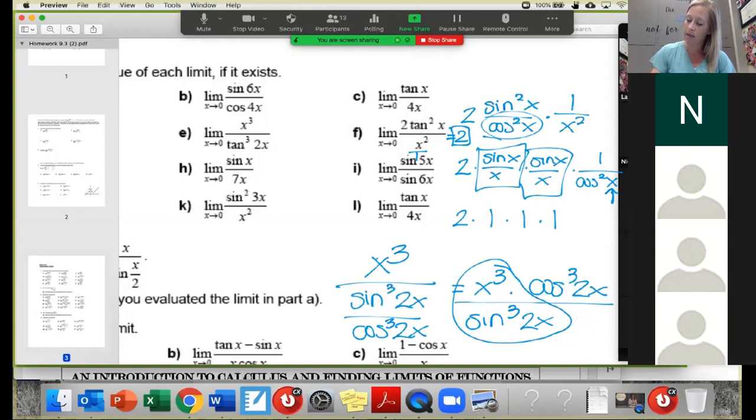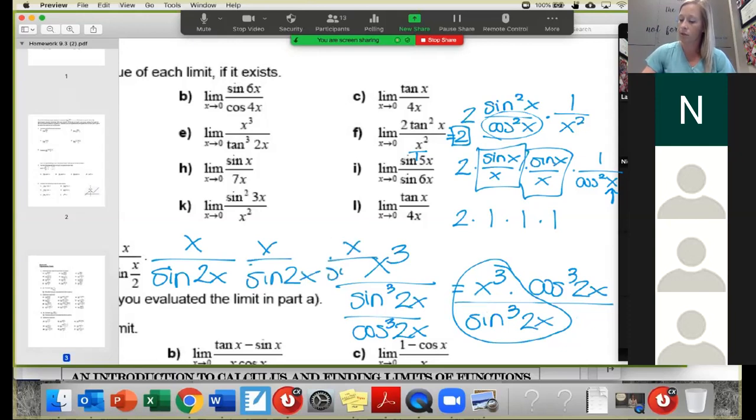So I'm going to think about that as x over sine 2x, 3 times. Now, real quick review. We said our rule is sine over x. Well, what did we say in that other problem if it's x over sine? It's just the reciprocal, right? So what is going to be the limit of this considering the 2x and the shortcuts we talked about? 1/2.